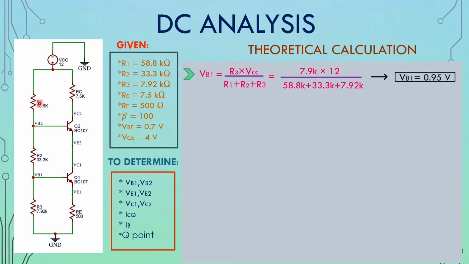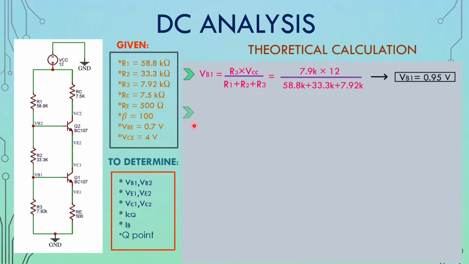So for VB1, the resistor is R3 and the supply voltage is VCC 12 volt and the total resistance is R1 plus R2 plus R3. In the given data we have all the values. After substituting we will get VB1 is equal to 0.95 volt.